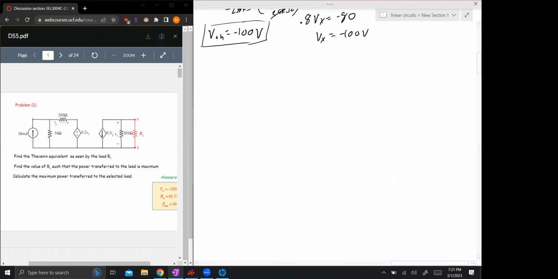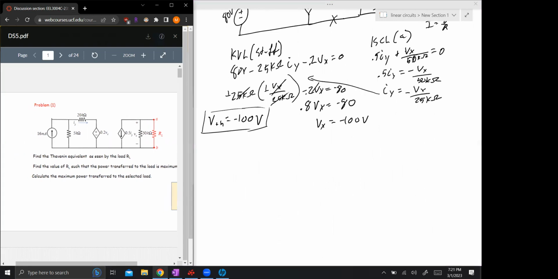So then let's see what else we got. So we want to find our R Thevenin. So if I'm right with R Thevenin, there's two different ways you can do it. The first one is that you leave it as an open circuit. And when you leave it as an open circuit, what you do is you remove all of the independent sources. Or there's the other way, which is to create a short circuit.